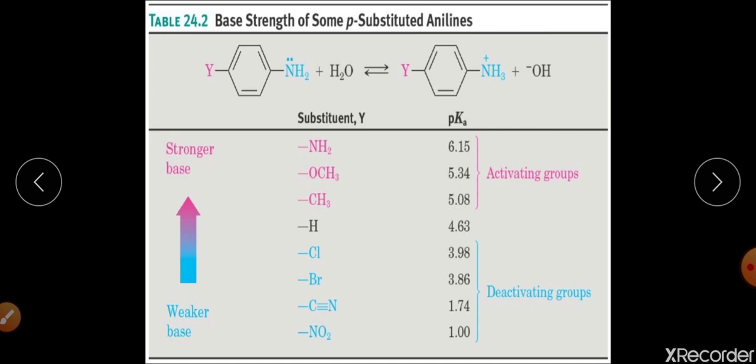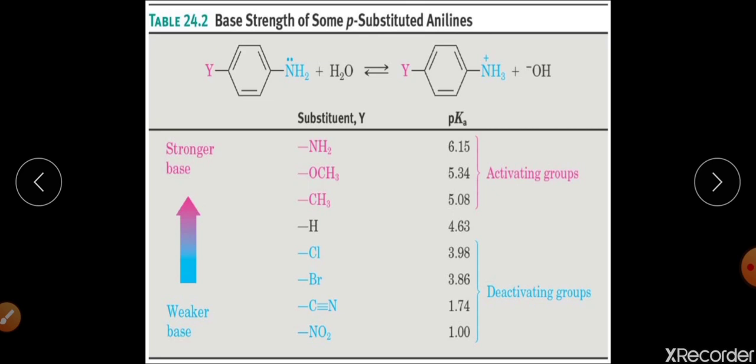Whatever the groups, that is electron withdrawing or electron donating group, if any kind of group is attached ortho to the NH2, at that time it will decrease the basic character of the aromatic amines in comparison to aniline, and this is called the ortho effect.